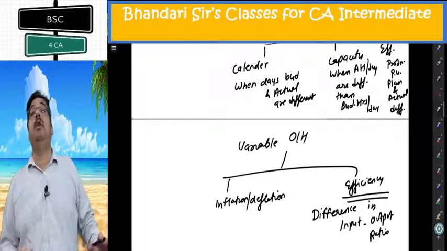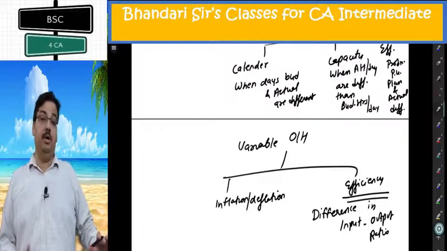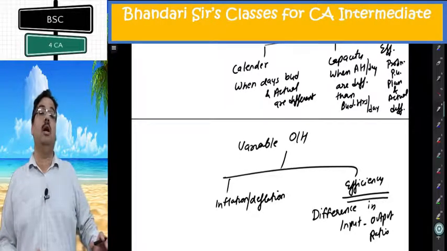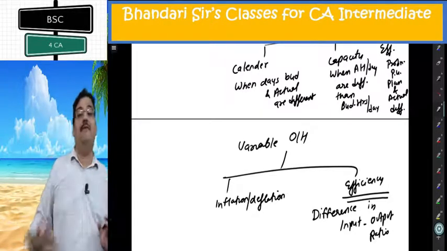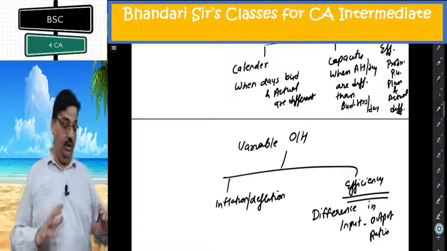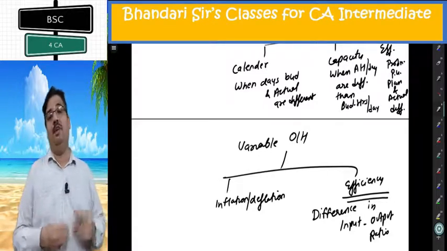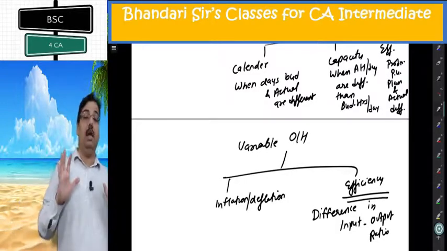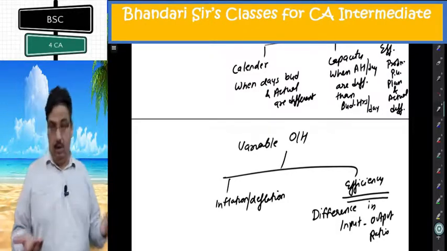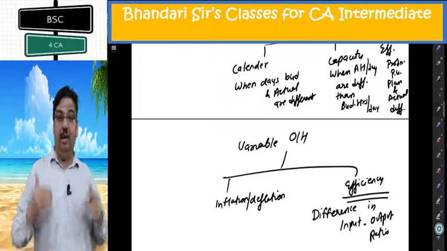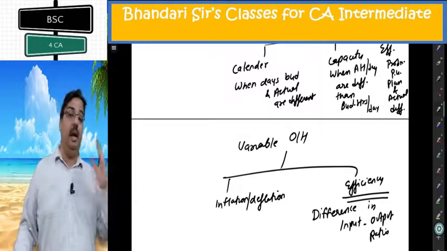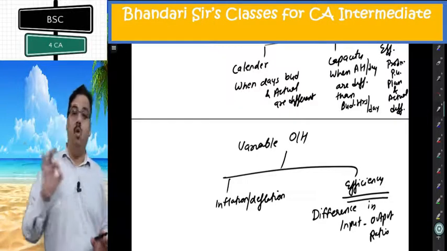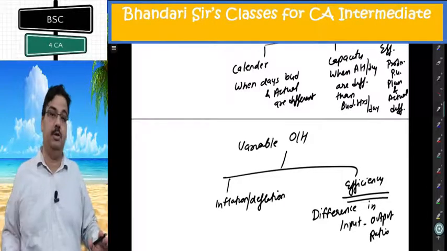Time taken per unit, hours per unit, is the important input output ratio that we are considering in variable overheads also, and fixed overhead efficiency variance also. They are quite similar. There is no different bottom level in variable overhead. Middle level and bottom level variances are the same. Top level is overhead cost, middle level and bottom level is expenditure and efficiency. That is the complete overheads category of variances.